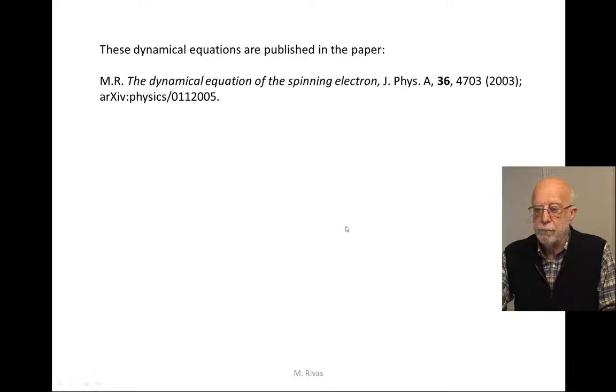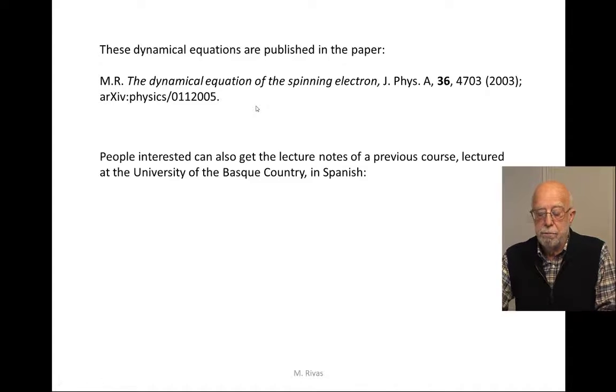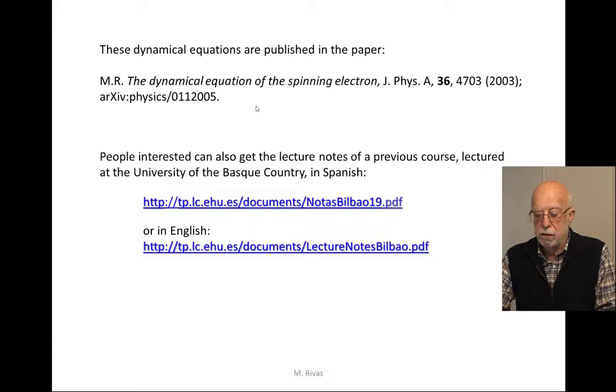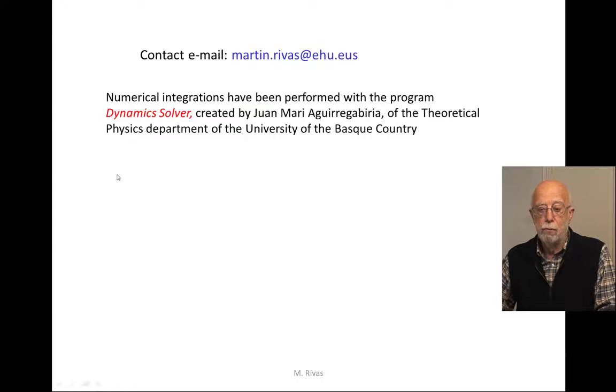Okay, these dynamical equations were published in this Journal of Physics A, and people interested can get these 2 documents of a lecture course I lecture at the University of Basque Country. You can contact me, and all the above numerical integrations have been performed with this dynamic solver numerical computation program.